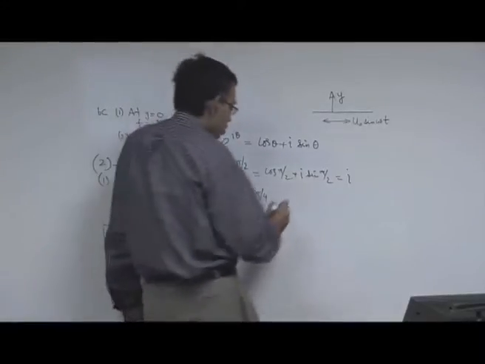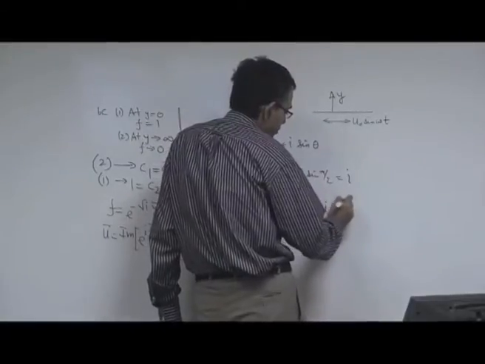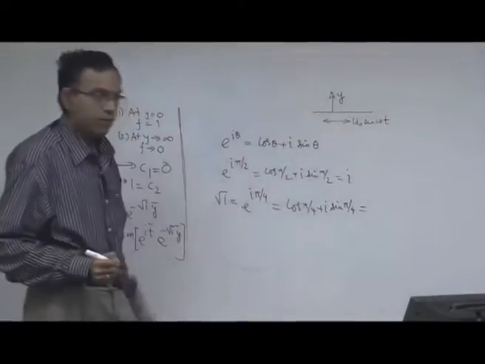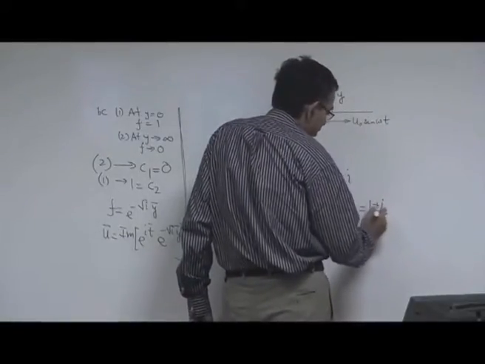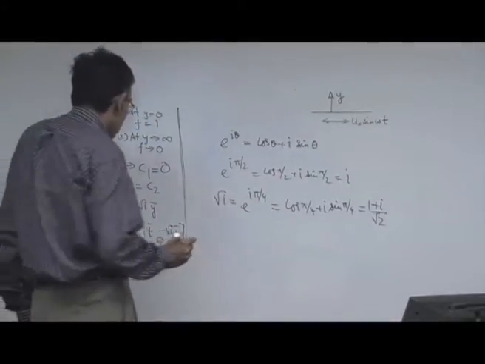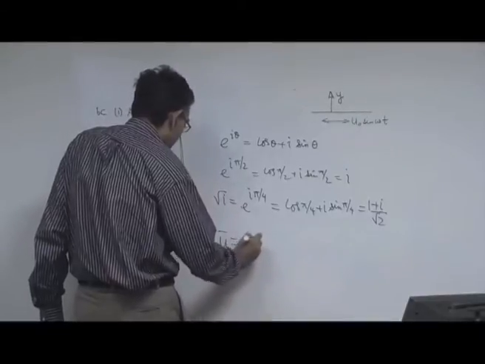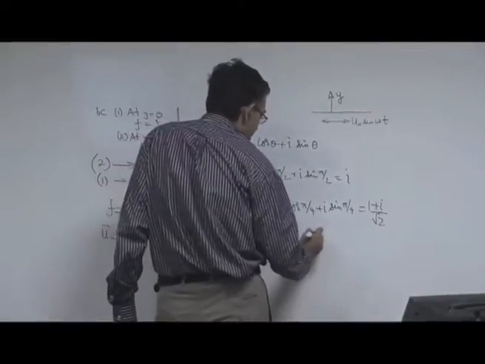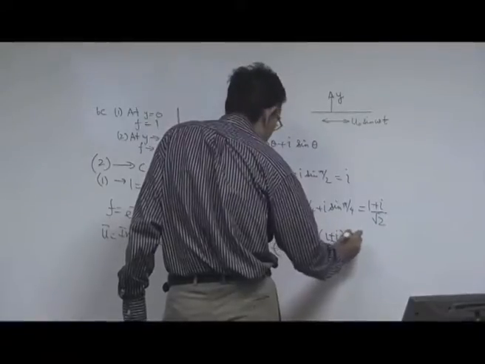So, that is cos pi by 4 plus i sin pi by 4. Both cos pi by 4 and sin pi by 4 are 1 by root 2. So, this is 1 plus i by root 2. So, you can write this one as u bar is equal to imaginary e to the power i t into e to the power minus 1 plus i by root 2 y bar.